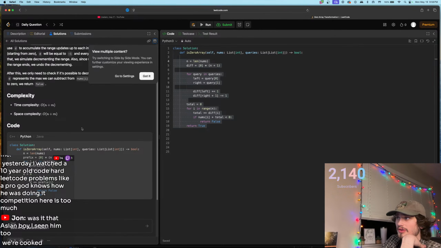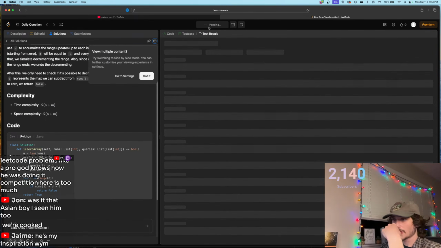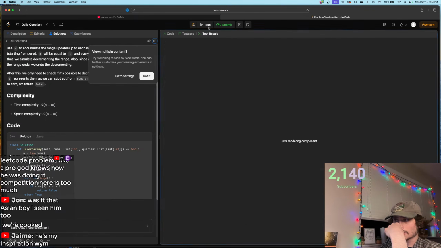So prefix is 0 times 1. Perfect. For L and R in queries, right? Left minus 1, minus 1, and plus equal 1 on the left, on the right side. Why?